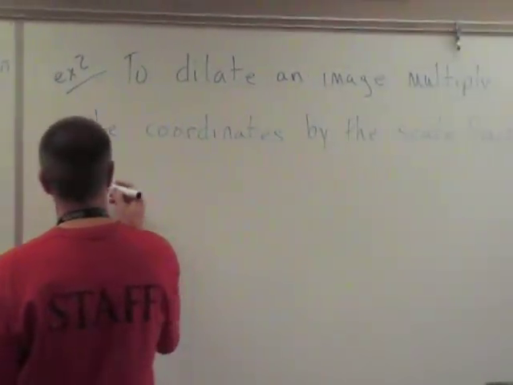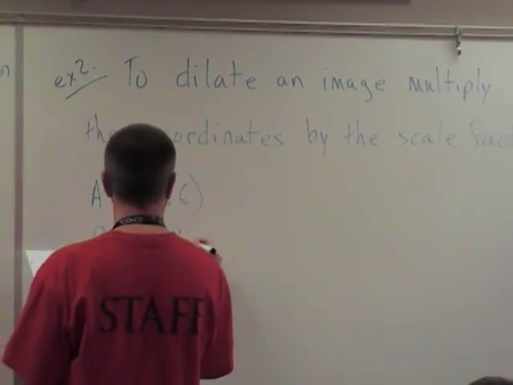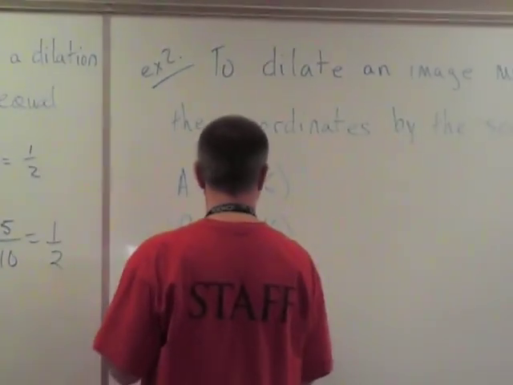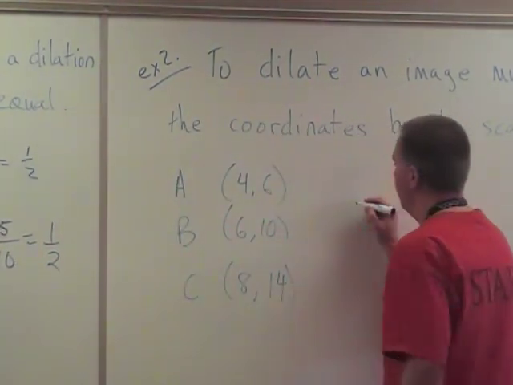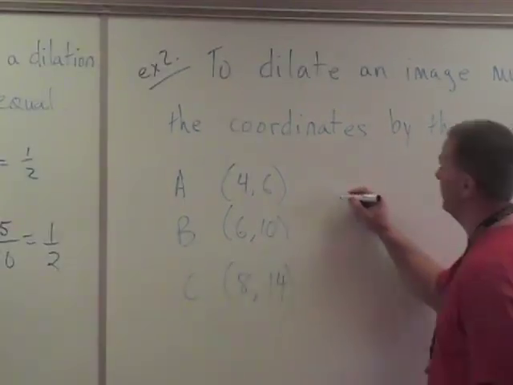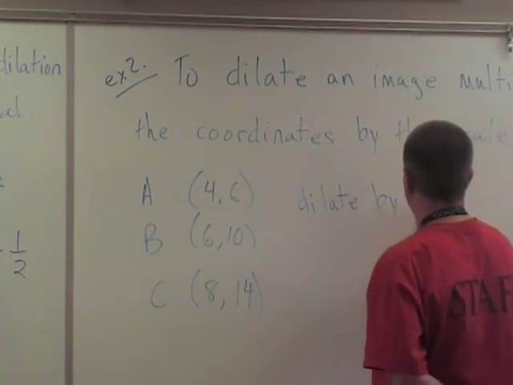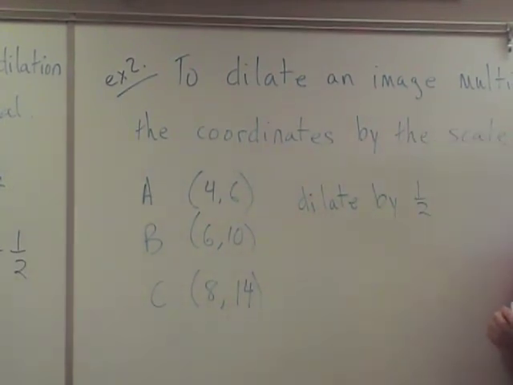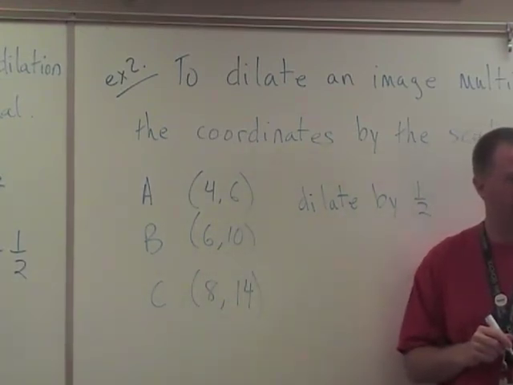So A is 4, 6. Point B is at 6, 10. And C is at 8, 14. If I want to dilate this image by 1/2, all you do is multiply all your coordinates by 1/2.